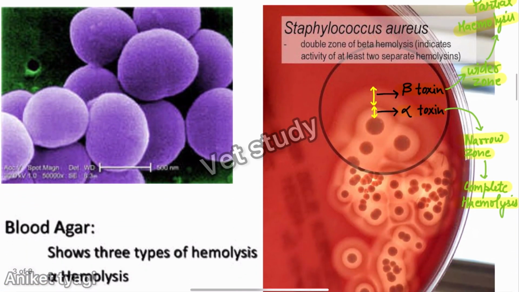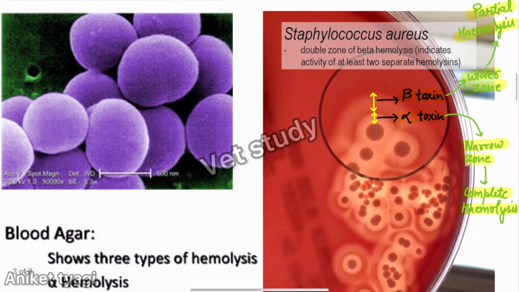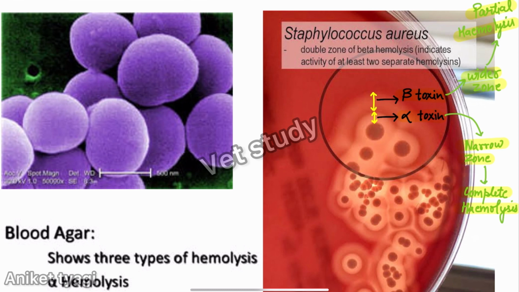Next we have Staphylococcus aureus. As I have discussed, Staphylococcus aureus produces double hemolysis, and this double hemolysis is produced by two types of toxin. The first is alpha and the second is beta. The alpha toxin produces a narrow zone of complete hemolysis, with no diffuse part.